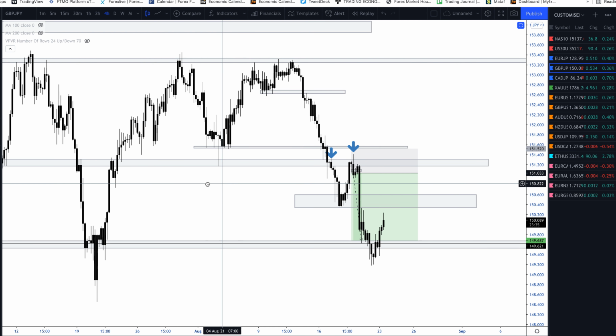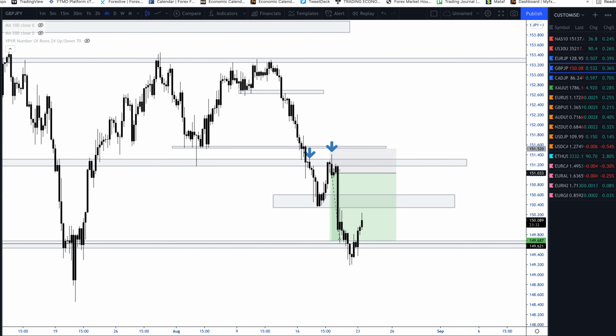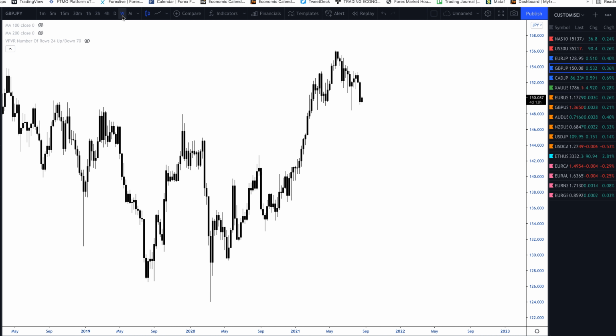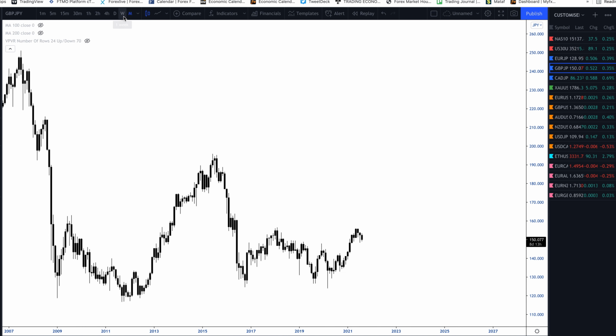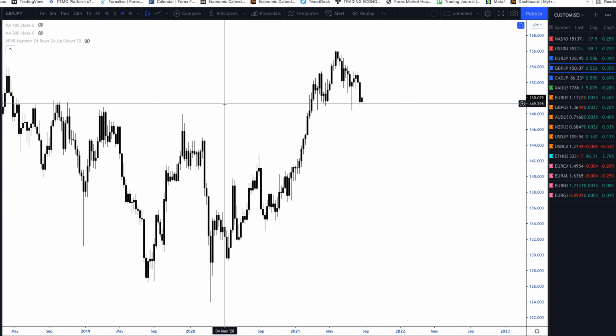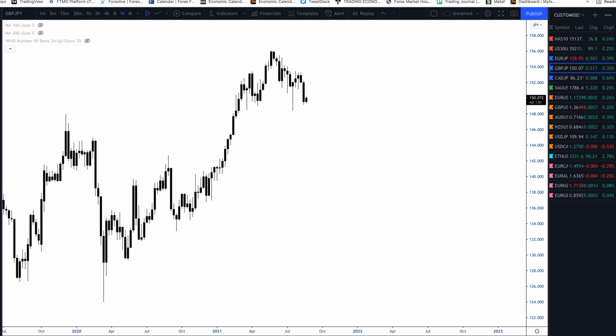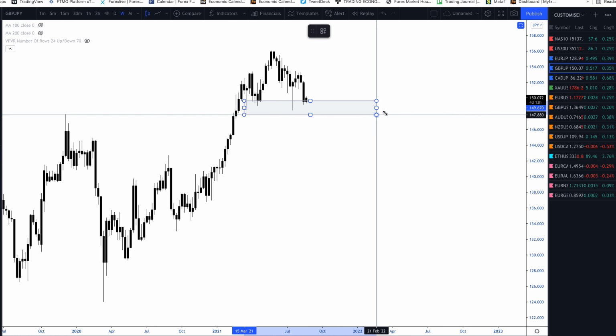GBP USD. Let us clear the chart again. We can see a pretty strong level of support here.